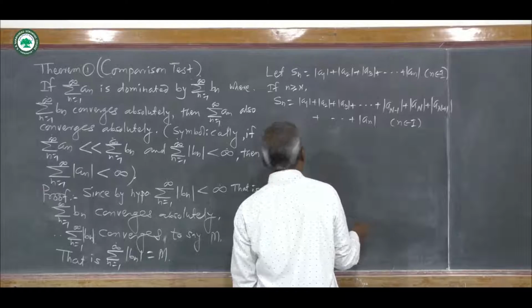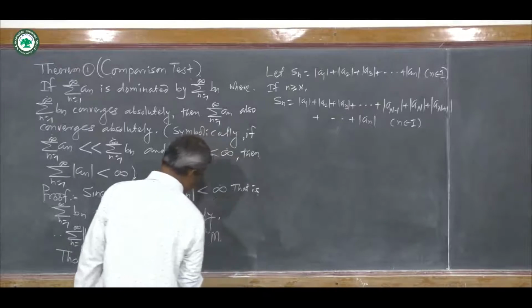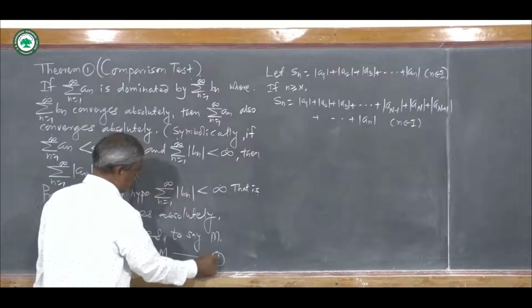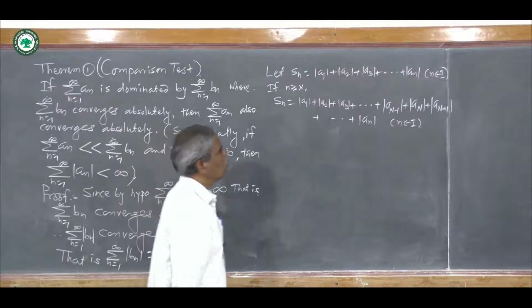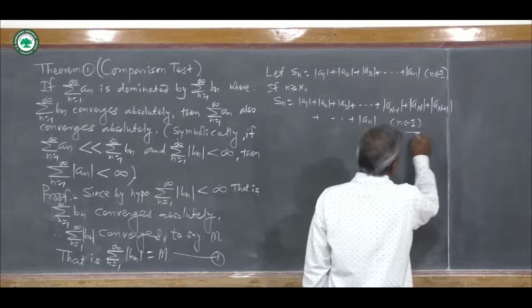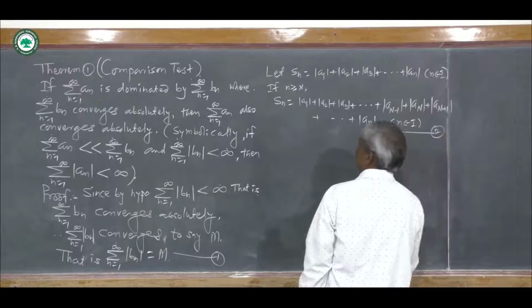This is statement number 1. Sigma mod Bn converges to M. This is statement number 2.